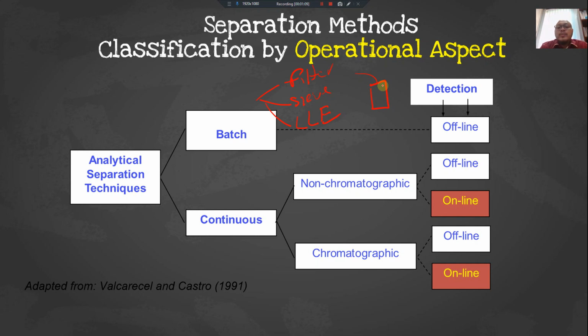How about continuous? Continuous is a process that you can actually make automated or not. So it can be non-chromatographic, and it can be chromatographic. Continuous means continuous separation, not by batch. So an example of a continuous analytical separation method which is non-chromatographic is the distillation process.